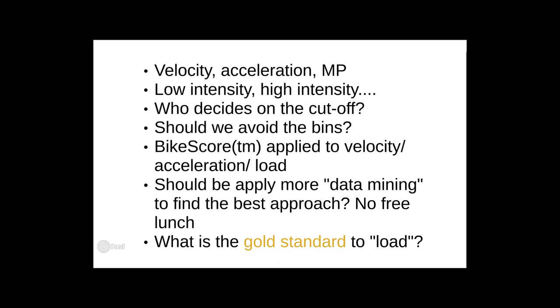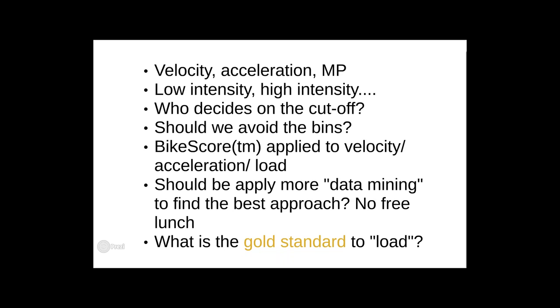So one thing to ask is how do we decide on the cutoffs? Like, why is that velocity as it is? So why 19 kilometers an hour? Why not 20? And so forth. And one thing to consider is should we completely avoid the bins? I'm not so sure.